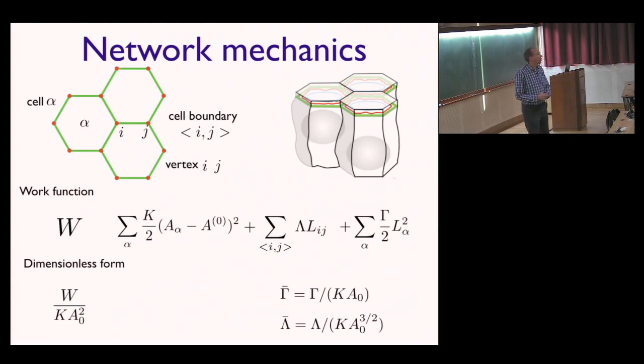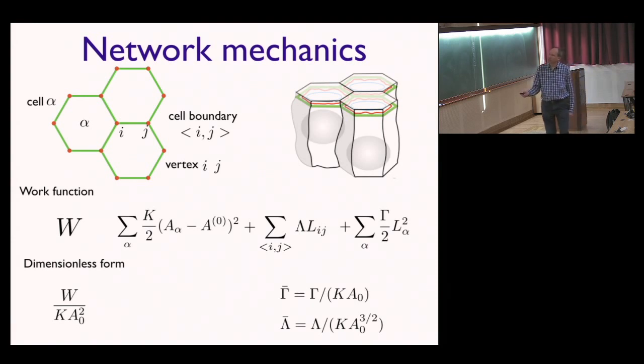Now, when discussing this model, it is useful to look at dimensionless parameters which characterize the morphology when we look at force balances. We have essentially four parameters: the preferred area, the area elastic modulus K, the tension, and the perimeter elasticity. When we turn this into dimensionless quantities, there are only two parameters which are really important.